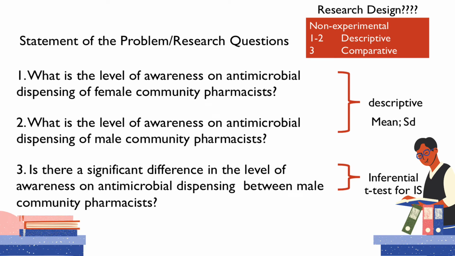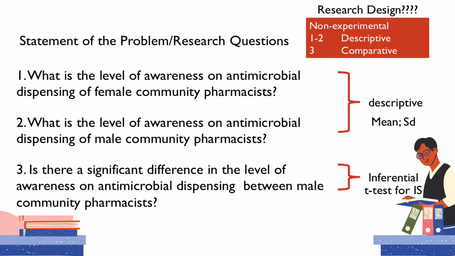Now, in that case, the research question can be stated this way. What is the level of awareness on antimicrobial dispensing of female community pharmacists? The second is, what is the level of awareness on antimicrobial dispensing of male community pharmacists?